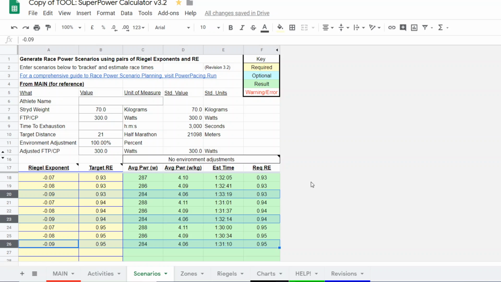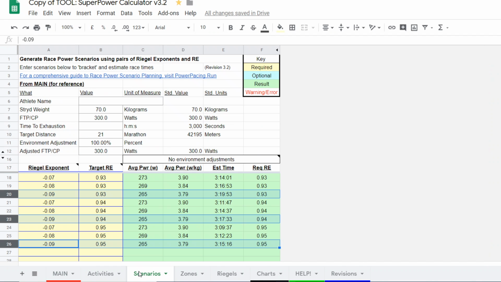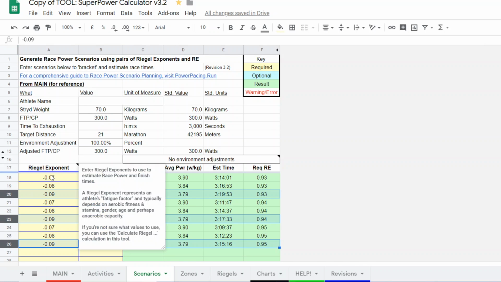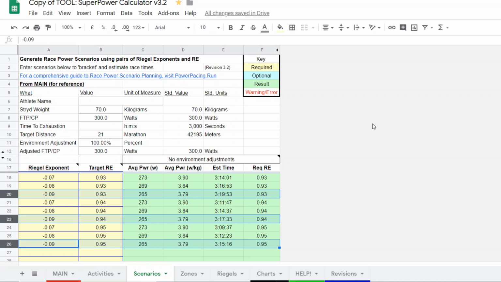All right. Last example, we're going to go up to the marathon. So as I mentioned earlier, as we increase the distance, the effect of a Riegel exponent in terms of the spread is going to be greater. That's why I'm suggesting don't bracket 3 Riegel exponents, bracket only 2.